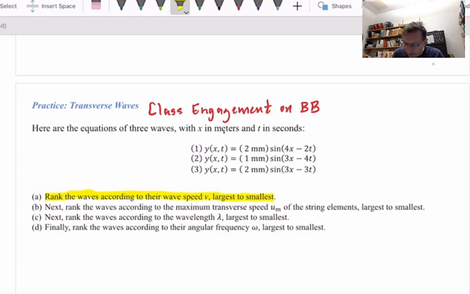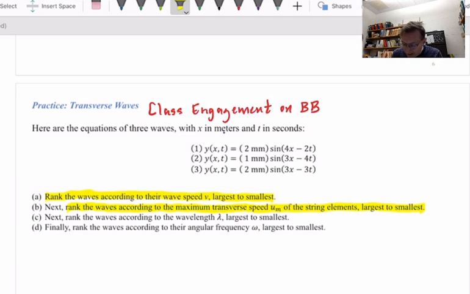B, rank the waves according to the maximum transverse speed of the string elements, largest to smallest. The u maximum. There must be a way for each wave function to actually get the numerical value of u maximum. Go ahead and do it for each wave, and then rank them from largest to smallest.